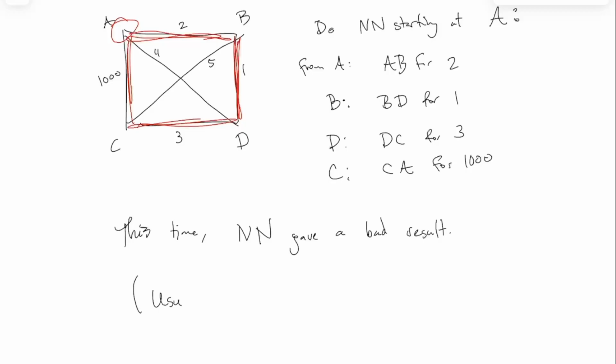But I'll just say, usually it's pretty good. But this is just a little warning when doing the nearest neighbor. Sometimes you can actually get quite bad answers. Usually it's pretty good, and that's why it is useful.